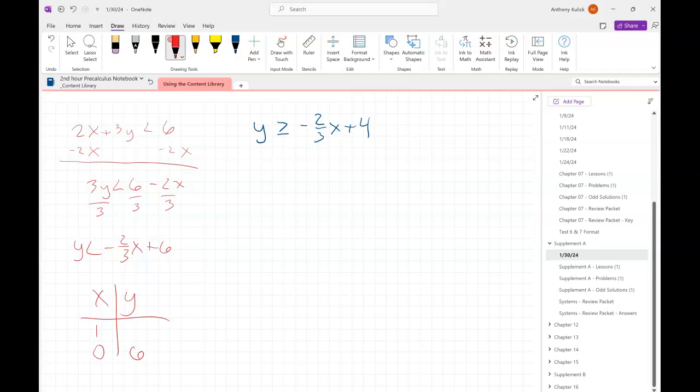What's when I plug a 1 in? What do I get? We get negative 2/3 plus 6. What's that? Wait, no, what do you need to do? Oh, you add them.